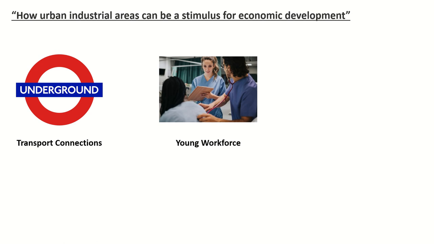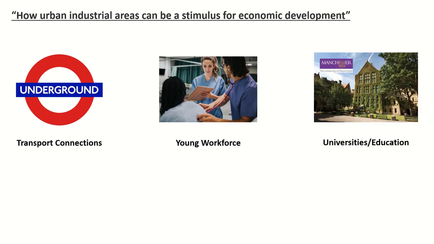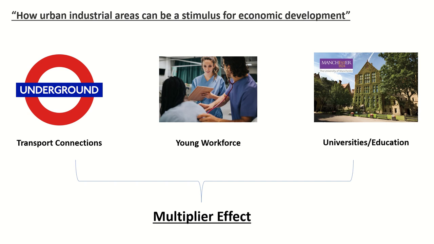Cities and urban industrial areas tend to have a very young workforce as well. And having that young, qualified and educated workforce is really important, and I put that as a third point there. Now, if you combine these three things, the world-class education, so places like the University of Manchester, a young workforce and good transport connections, what that leads to is a multiplier effect.